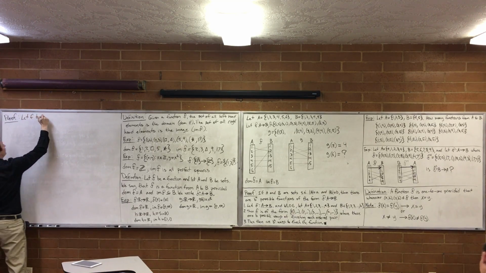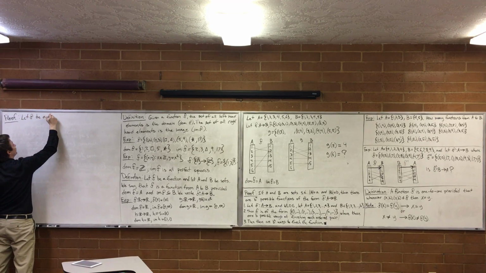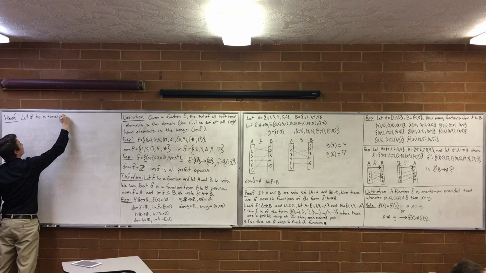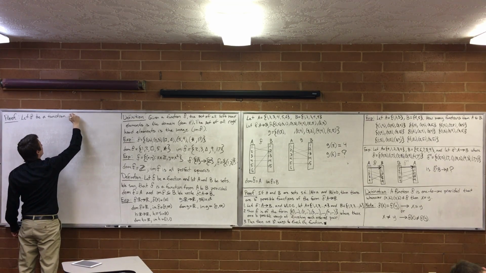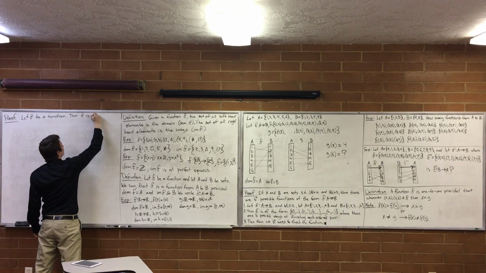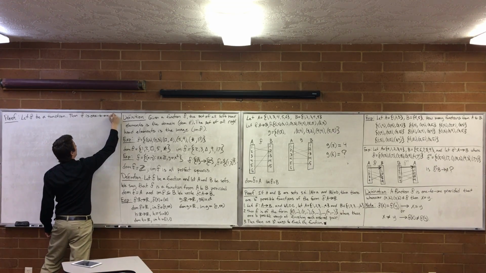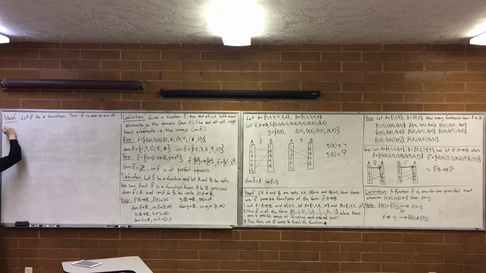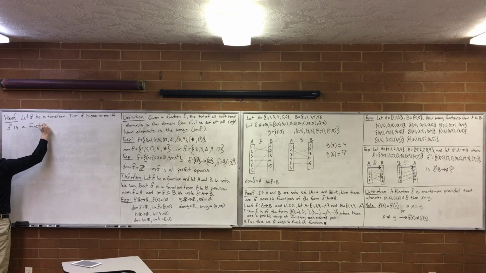Let f be a function. Then f is 1 to 1 if and only if its inverse relation is a function.